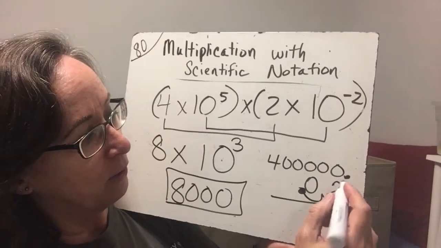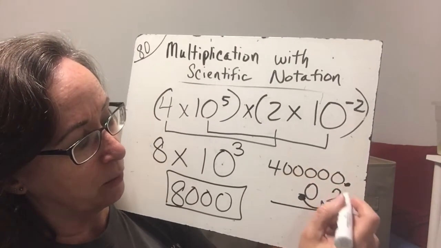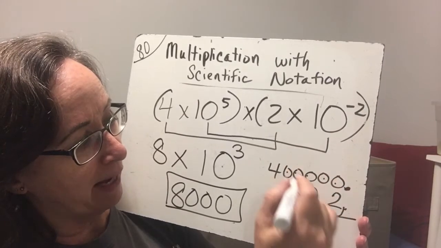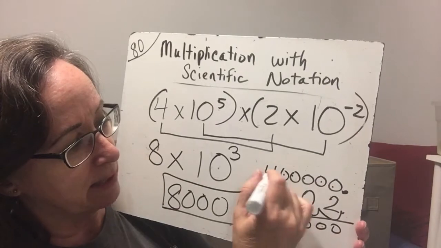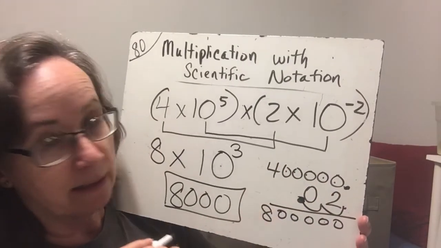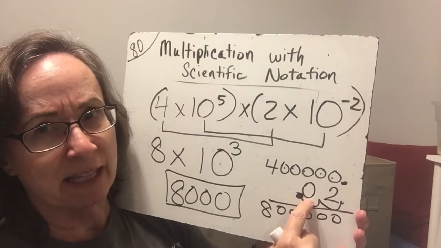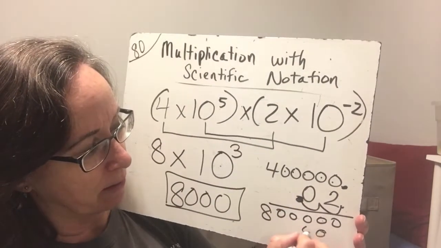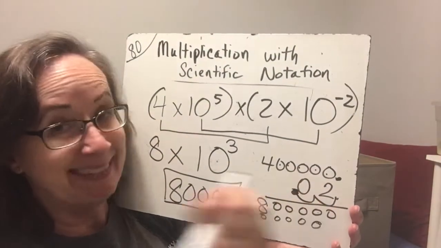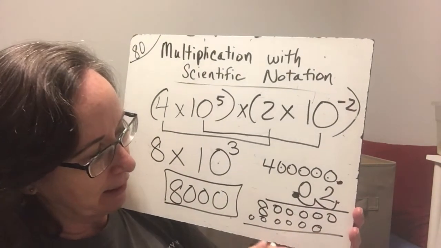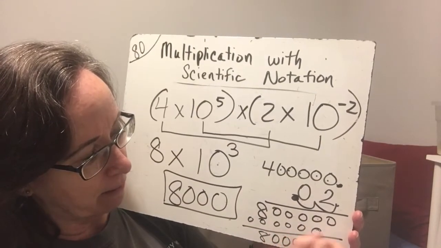Okay, so we know that when we multiply all these zeros times 2, we're just going to get 1, 2, 3, 4, 5 zeros, and then the 8. And then over here, we're just multiplying everything by 0, which is just going to be 0, 0, 0, 0, 0. There's nothing but zeros on that row. But then we add them together, and we're going to get 8, 0, 0, 0, 0, 0.